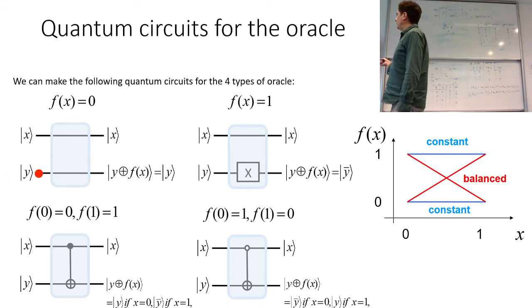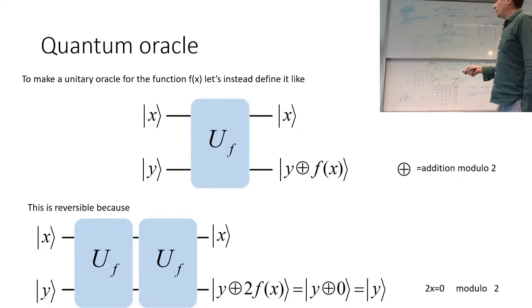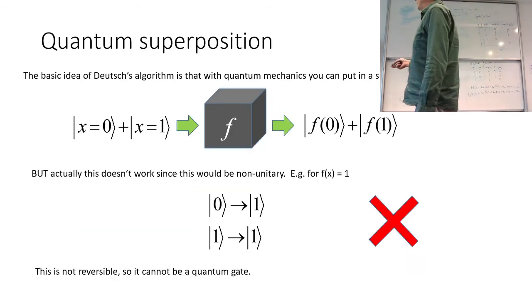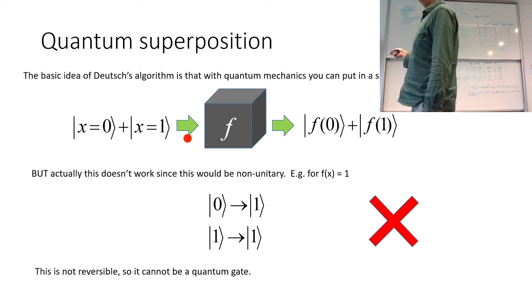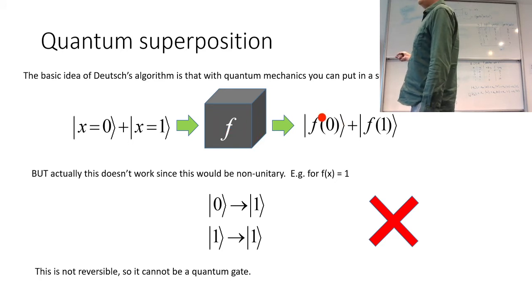The reason why is that if Y is 0, then the output of the oracle is always just X and then F of X. We started this discussion because I was saying that it's not a reversible process. I can't just have X as the input of the oracle, because for some choices of this function, this is going to be a non-reversible process, right?